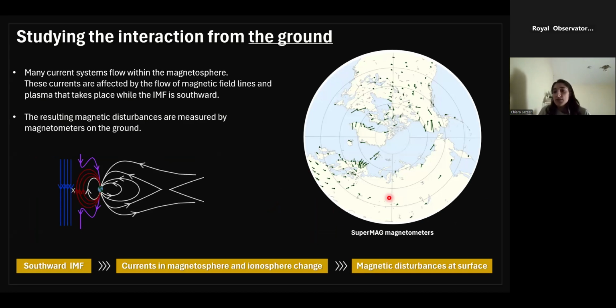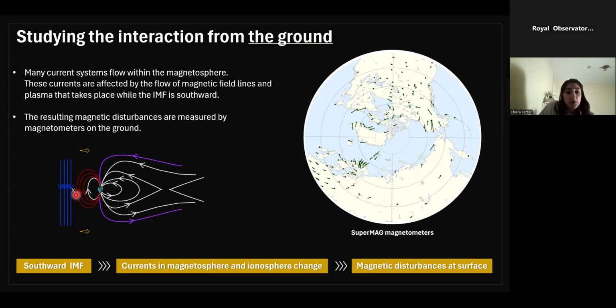First of all, you need to know that there are many current systems flowing in the magnetosphere, but also in the ionosphere, which is the uppermost layer of the atmosphere, which is also made of plasma. These currents are strongly affected by changes in the magnetic field and in the convection that you see here, which is what I mentioned earlier.